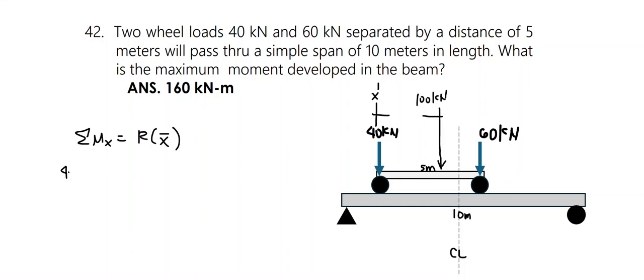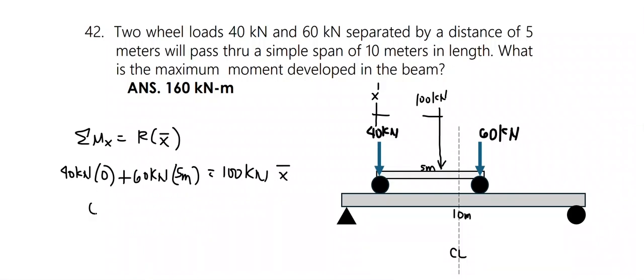We have 40 kN times its moment arm distance of 0 since it's at the axis, plus the 60 kN force multiplied by its moment arm distance of 5 meters, equal to the resultant, that is 100 kN times its moment arm distance, which we need to solve.